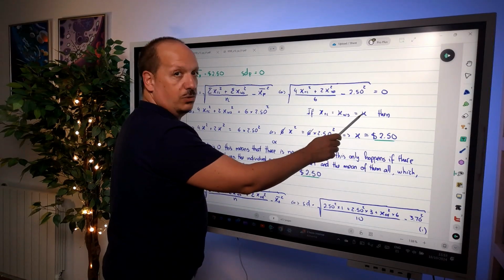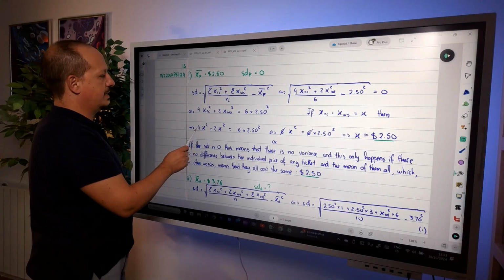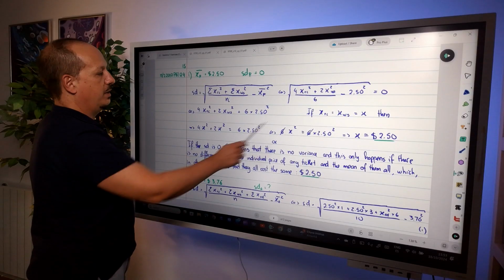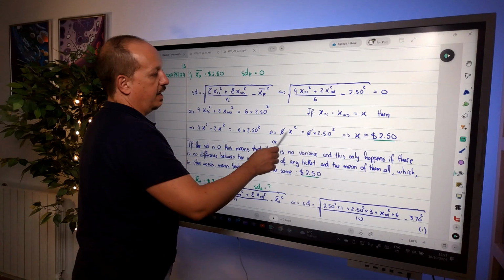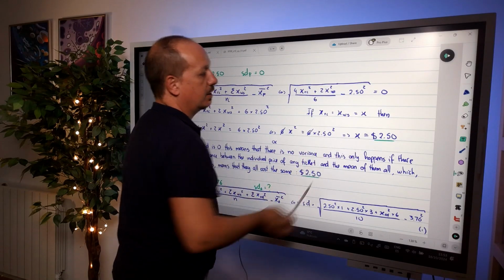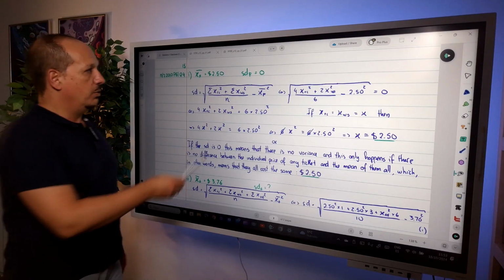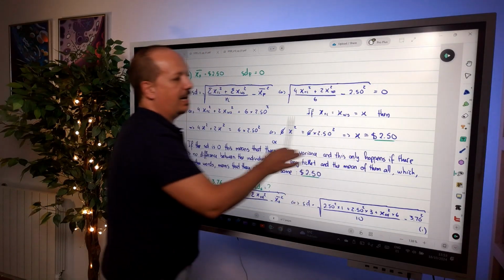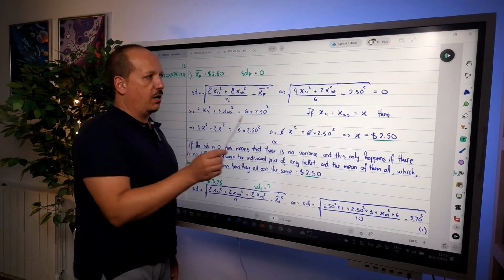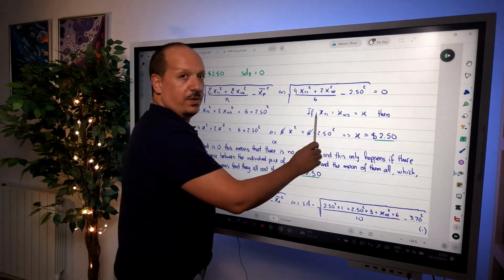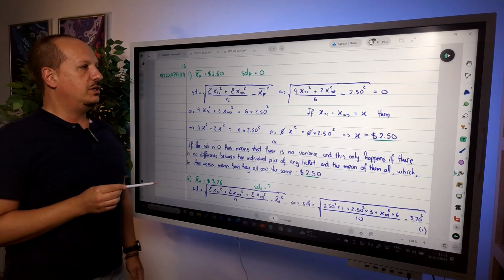Let's see what the value should be. If I just call x over here, so this will become just 6x squared equals 6 times 2.50 squared. I just get the 6's. I square root both sides, and I prove that the cost needs to be 2.50, right? So using the language of math, I came to the conclusion that first, the price of the ticket must be the same, and then I actually got the value, $2.50.